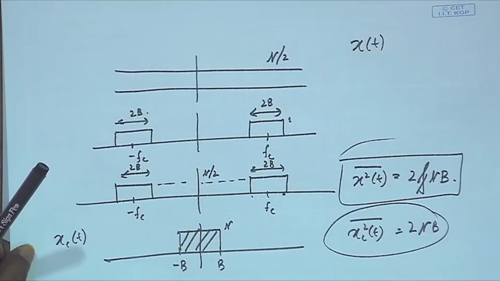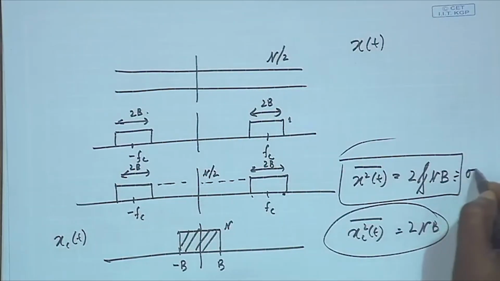That sigma square of the Gaussian should be equated to the power you calculate from the noise. For this band pass noise, we evaluated 2 eta b as the noise power, and that must be the sigma square of the corresponding Gaussian, because a Gaussian process has two things, mean and variance, which have to be specified.